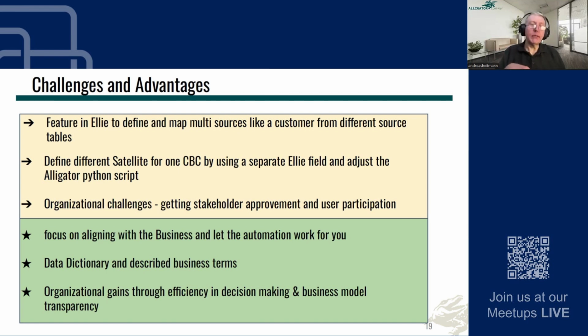At the moment you're not able to say, okay, my customer is coming from source system A and B, because the name of the CBC fields of the context is unique. So you can't make a mapping to source A and B, but I think it can be implemented in not such a complicated way.